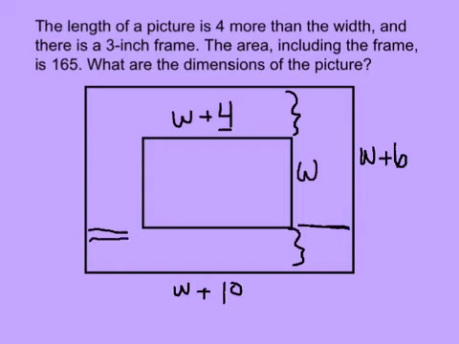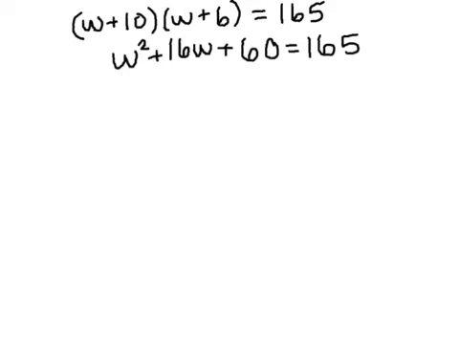So then what we have to do is multiply the width times the length, so W plus 10 times W plus 6, and that should give us 165. If you multiply out W plus 10 times W plus 6, you get W squared plus 16W plus 60. The reason we needed to do this is because you need to make this equal 0, and you can't subtract 165 from factors.